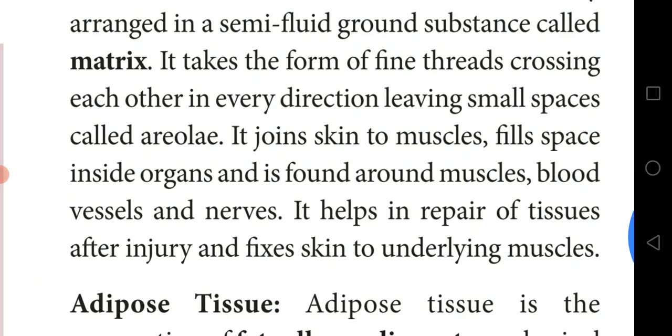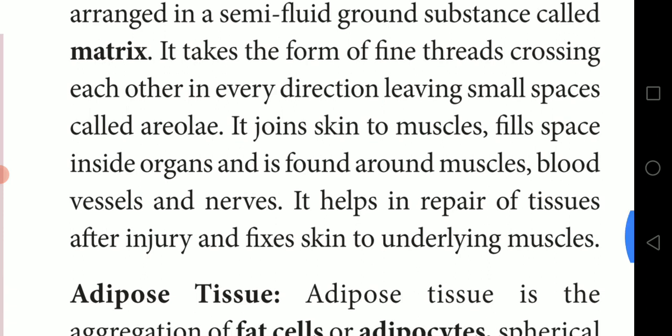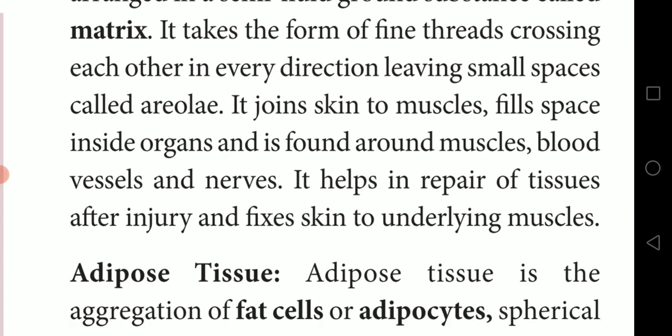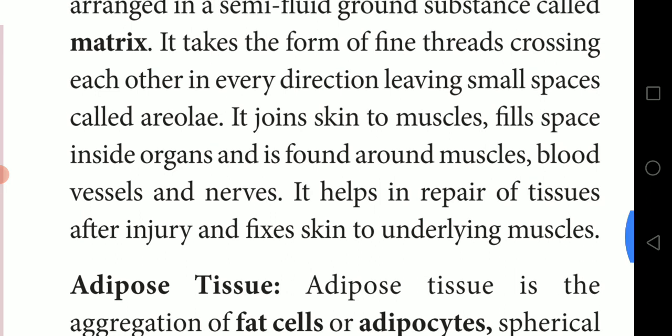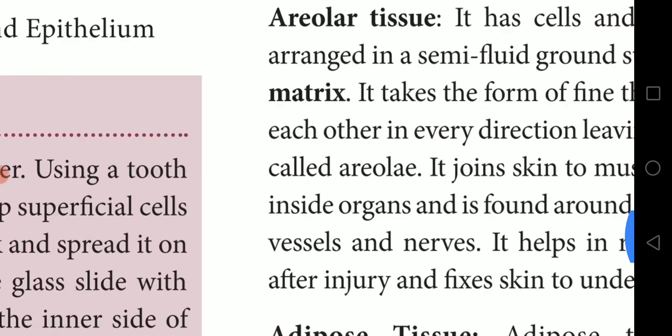It joins the skin to muscles, fills space inside the organs, and is found around the muscles, blood vessels and nerves. In these places, areolar tissues are found. It helps in repair of tissues after injury and fixes skin to the underlying muscles.